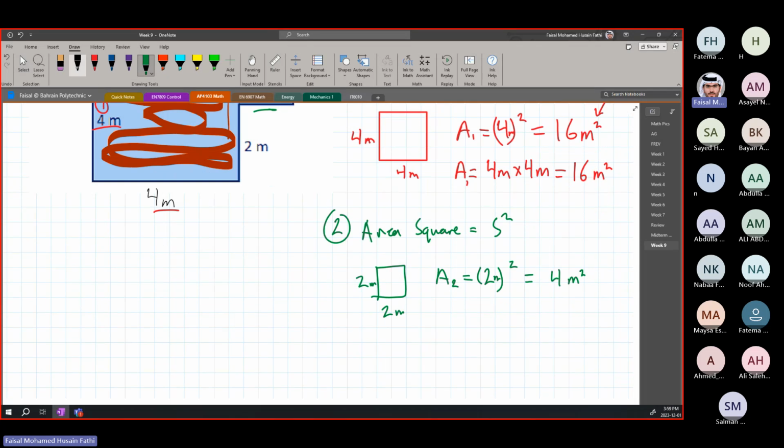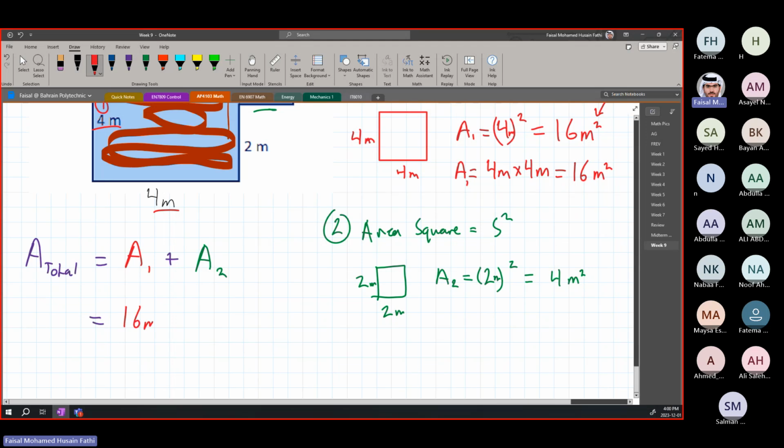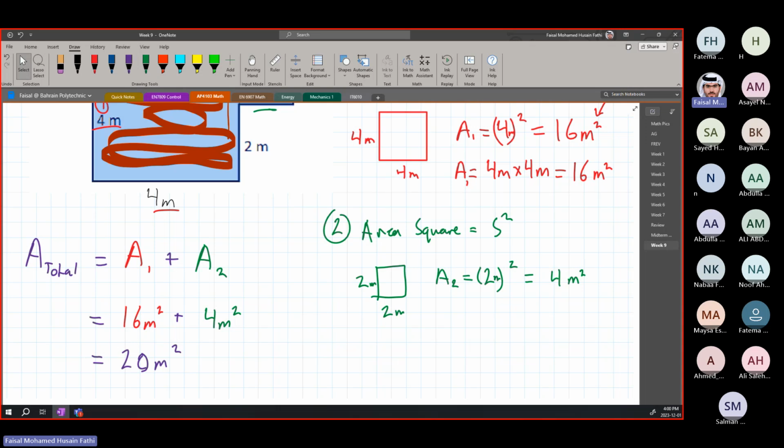So the area total is equal to area 1 plus area 2, which is equal to area 1, 16 meters squared, plus area 2, 4 meters squared. So the final answer will be 20 meters squared for the area.